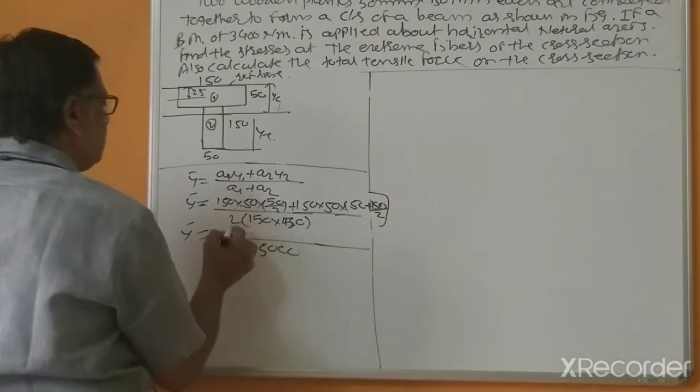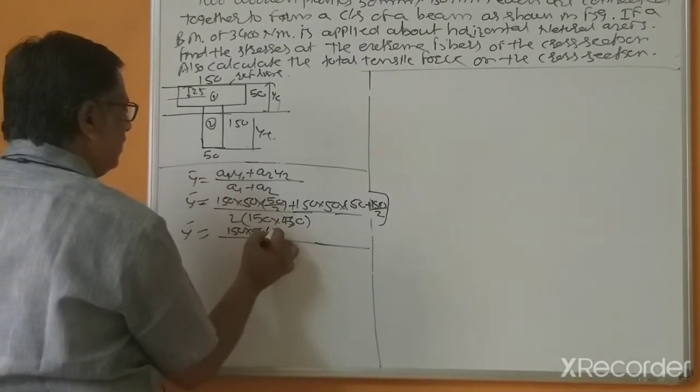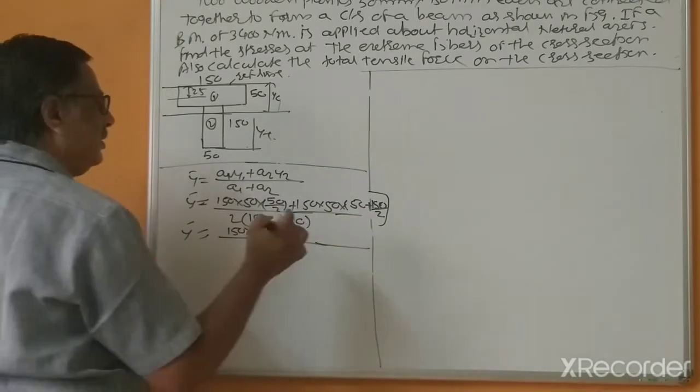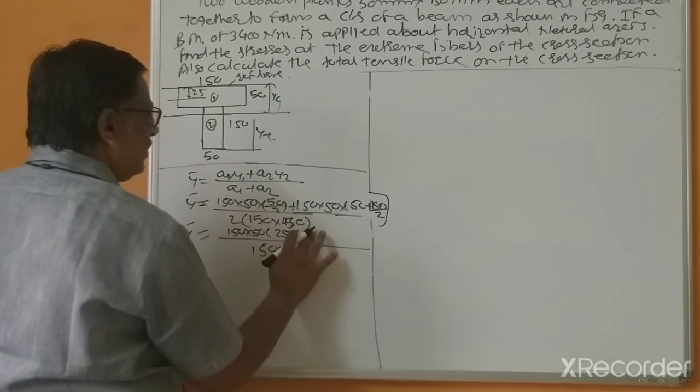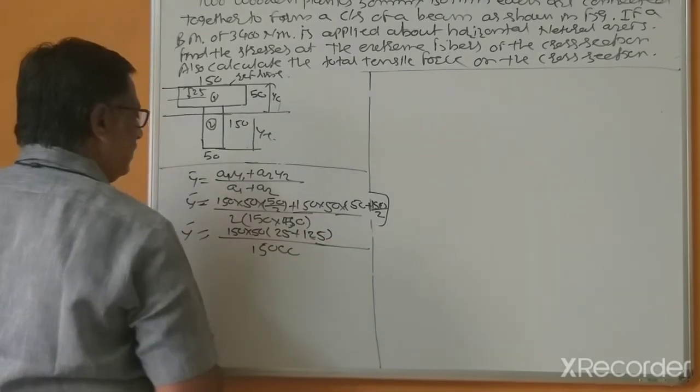So again this is in bracket 25 plus 50, this is 175, minus 75 means this is 125.